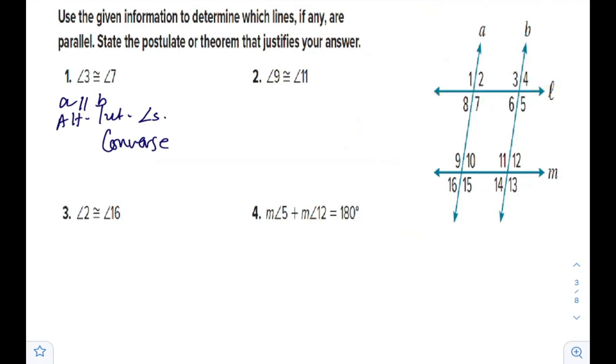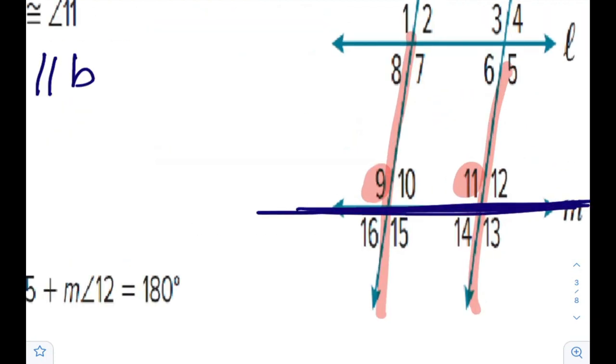Question 2: angle 9 and angle 11. They are both on this transversal. This transversal cuts these lines. So it might be that A is parallel to B, but why? Is there any position for them, corresponding or alternate interior?